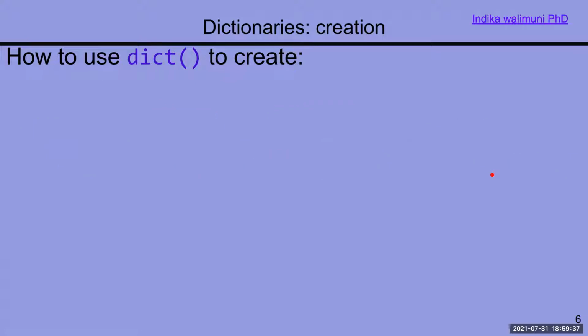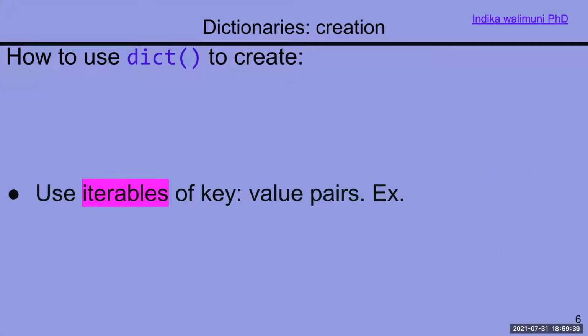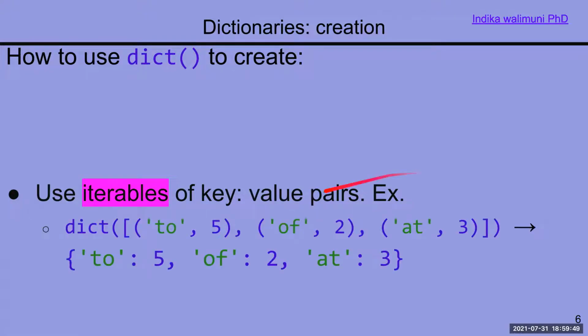We can also pass an iterable of key value pairs into the type constructor. So one is like this. Notice this is an iterable, so it's a list. It's a list of key value pairs. Each key value pair can be another list, or it can be a tuple.